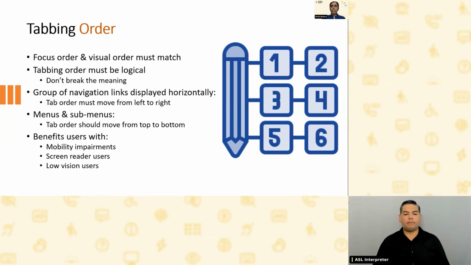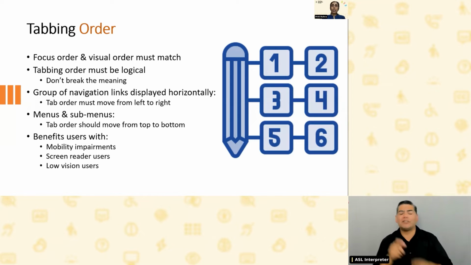Next point, tabbing order. Very important that your visual focus order and your tabbing order are matching. Easier said than done. Yes, depending on different design layouts, there are challenges that one often comes across, and one needs to adjust the layout.